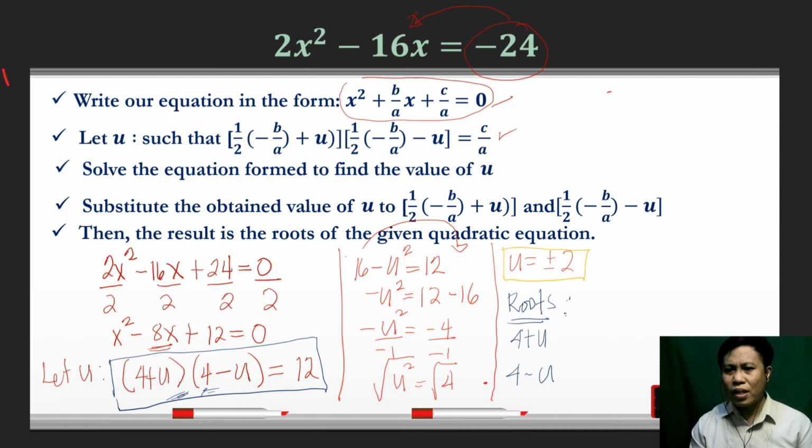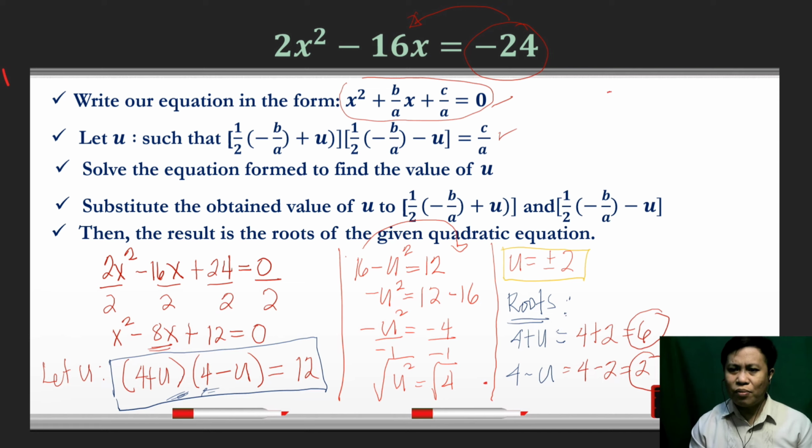Since u is positive 2, we have 4 plus 2 equals 6, and the other one is 4 minus 2 equals positive 2. Okay, so therefore positive 6 and positive 2 are the roots of the given quadratic equation.